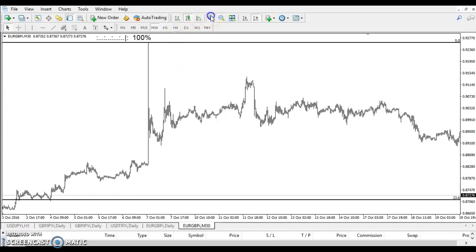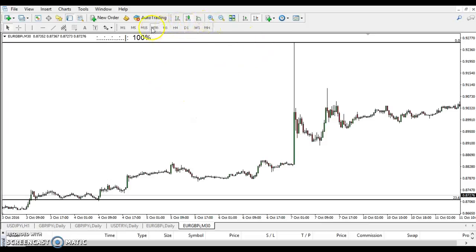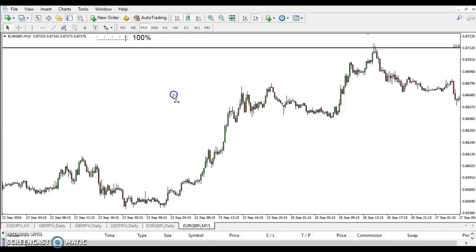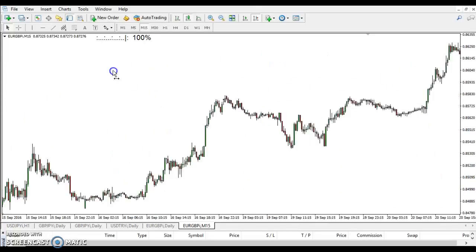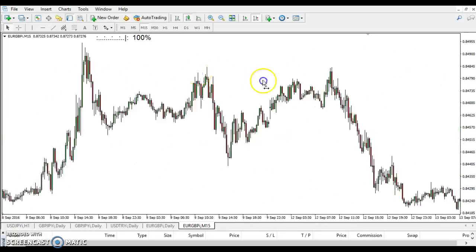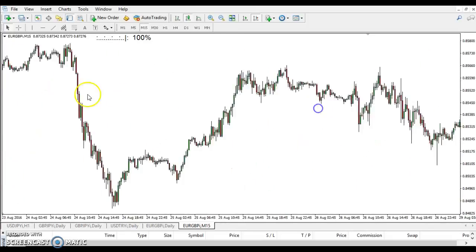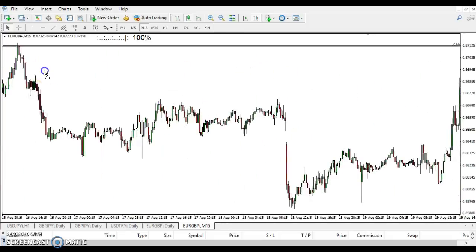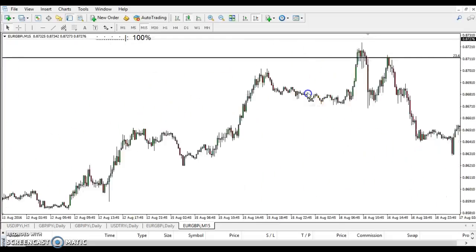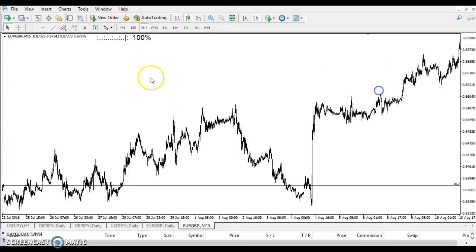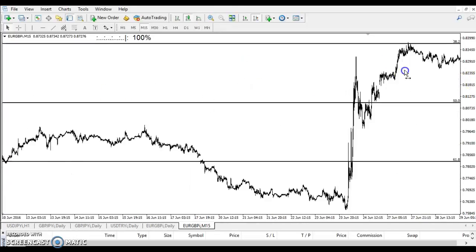See if we can find that long tail candle. It's been hard to find. Damn it, where'd it go?